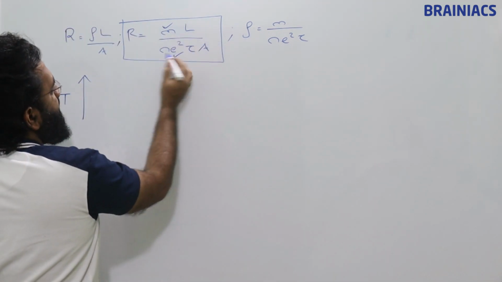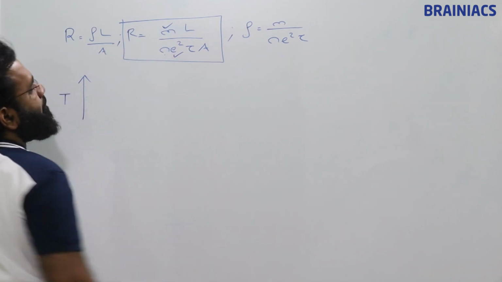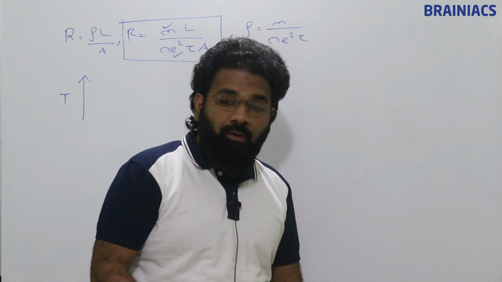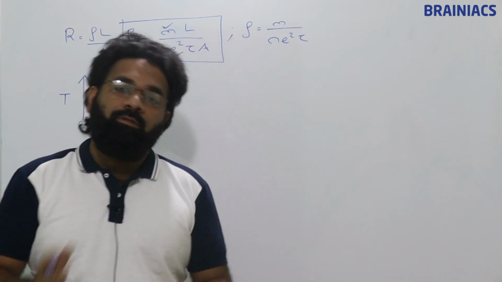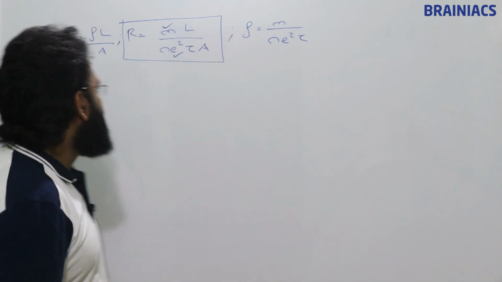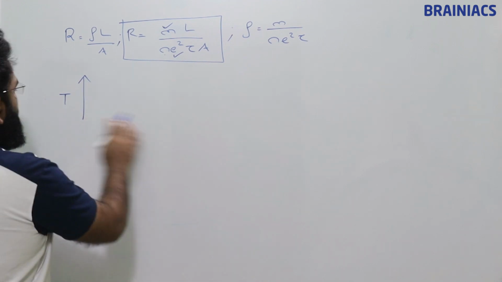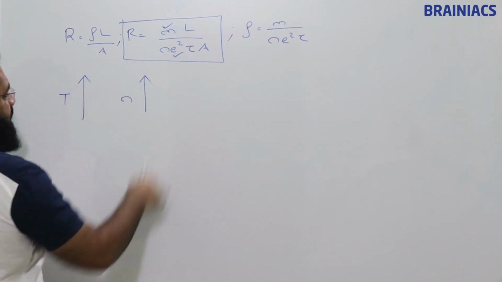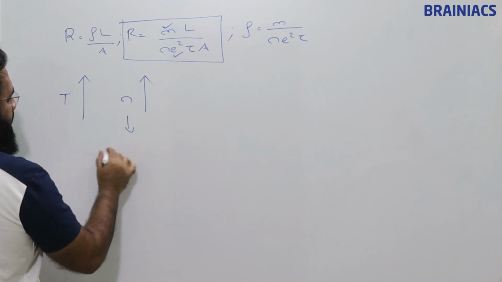What about N? Number of free electrons per unit volume. What will happen to that? This will increase, because of more ionization energy.